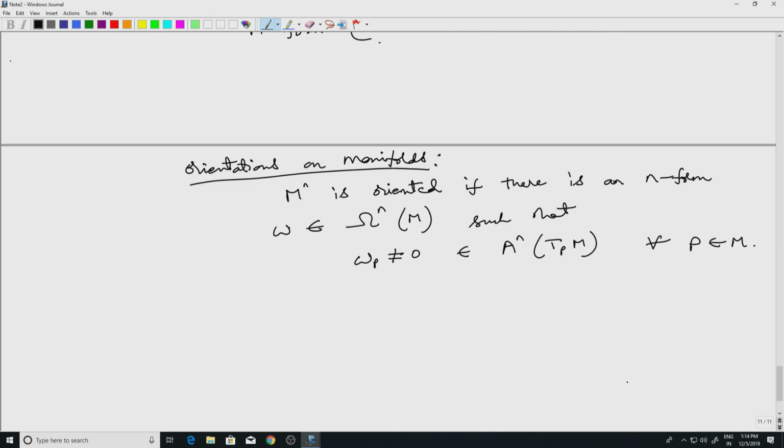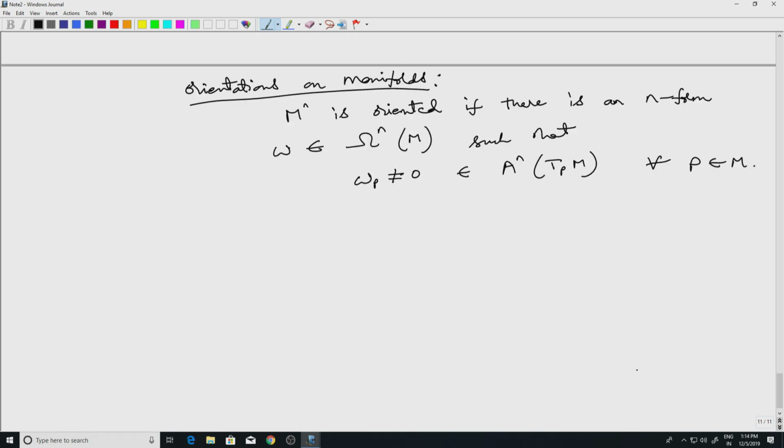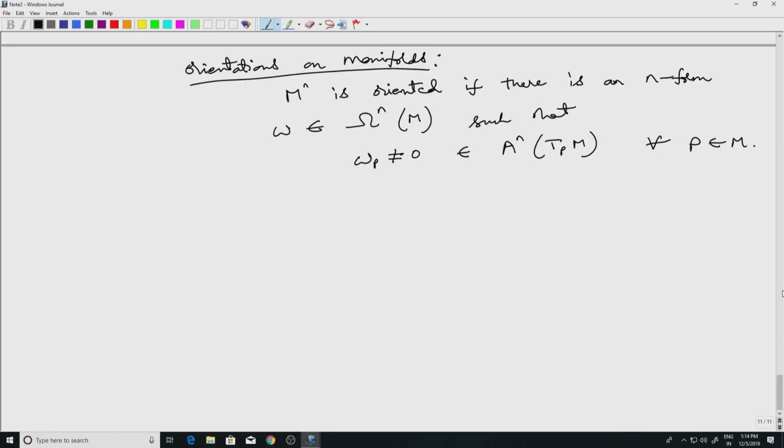This will do as a definition, because on each tangent space I'll get an orientation, which amounts to saying that if you give me a basis of a tangent space at any point, I can say whether it's an oriented basis or not, because this omega gives rise to an orientation on each tangent space.